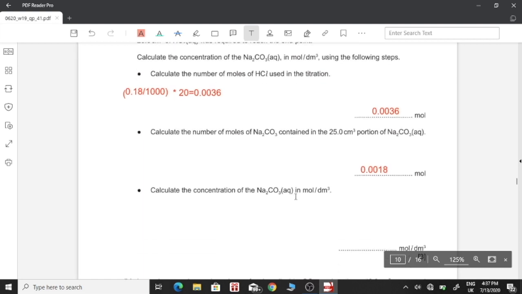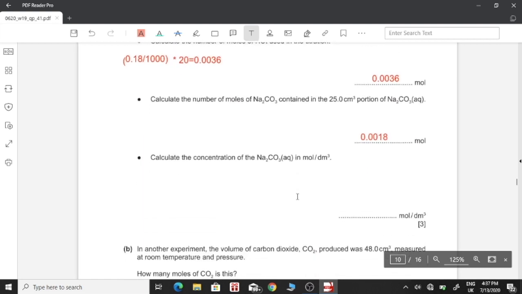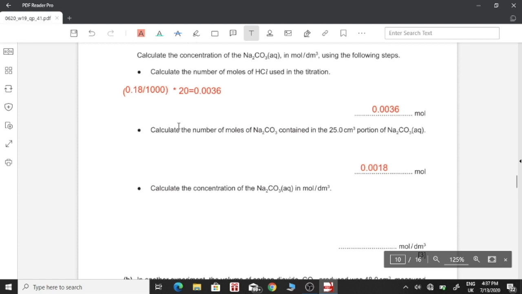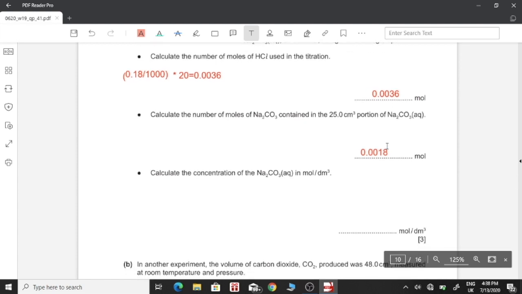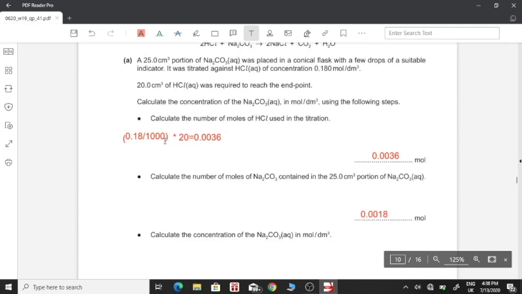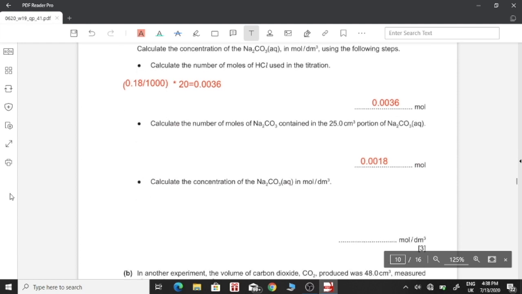Calculate the concentration of sodium carbonate in mole per dm cube. So now we have the number of moles and the volume over here. To calculate the concentration, we divide the number of moles by the volume, but when we get the answer, we're going to have to multiply it with 1000 to convert it into mole per dm cube.